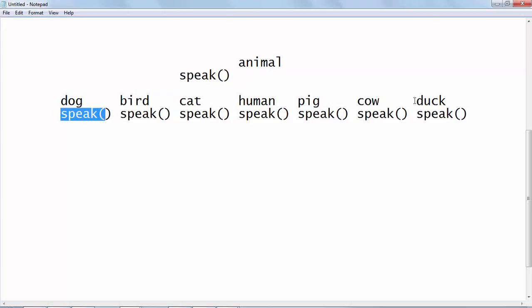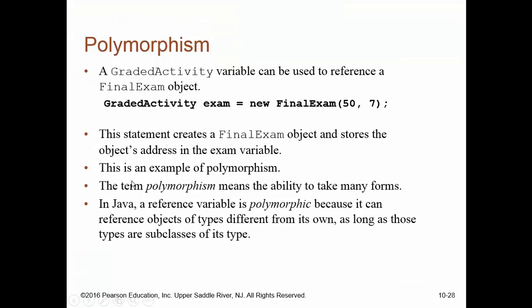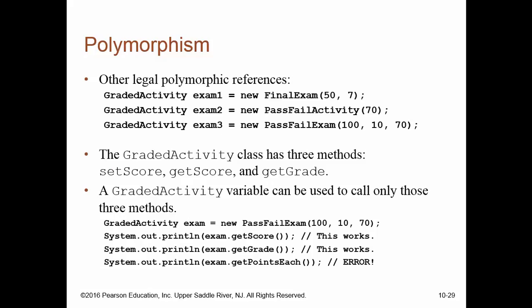It wouldn't say woof for a duck. All right, so the system knows which copy or which implementation of the particular method to call based on the object that called it. And that is what polymorphism is. All right, that might not be the exact same definition that's given here, but it is what it is.